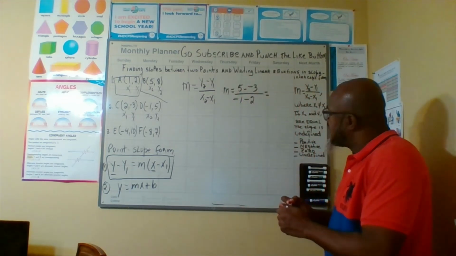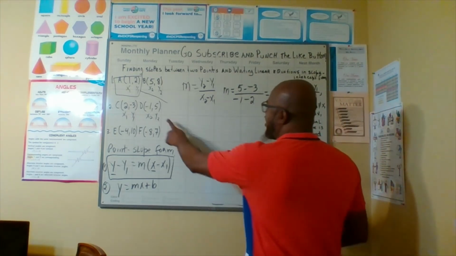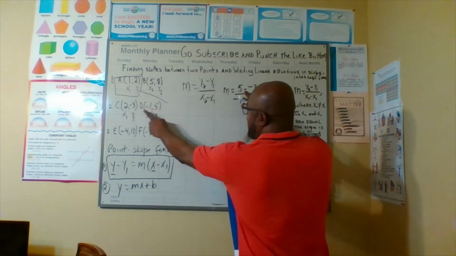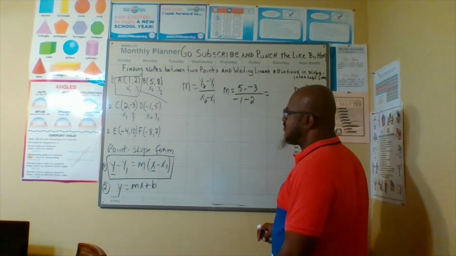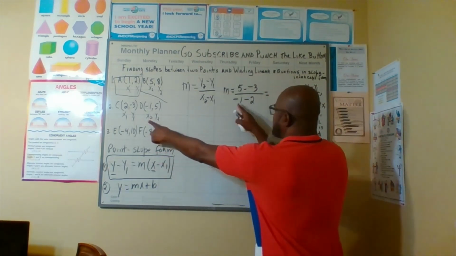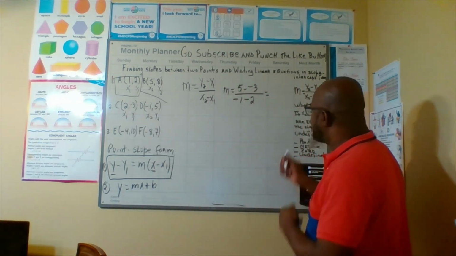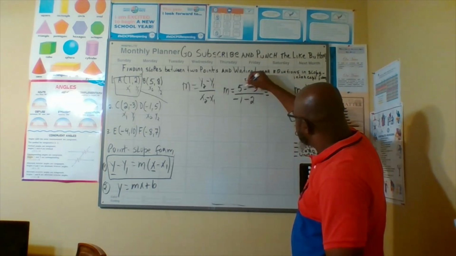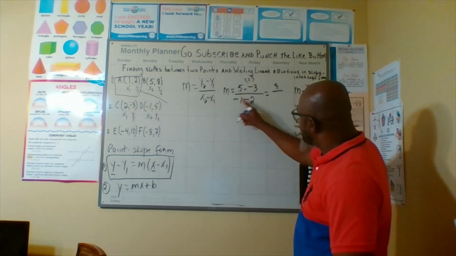The second part is my x2, which is negative 1, minus 2. It looks okay. So you will end up with 5 plus 3 which becomes 8, over, the signs are the same, you add them, you keep the sign. This is my slope. Negative 8/3 is my slope.